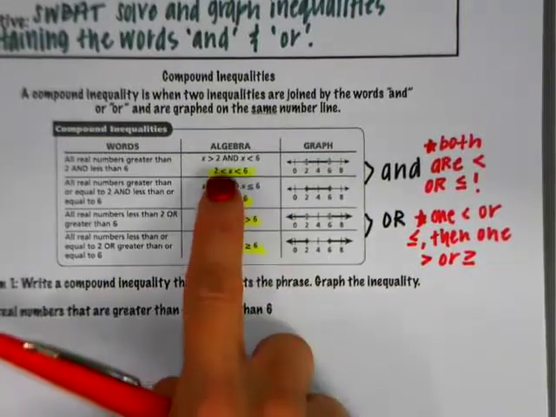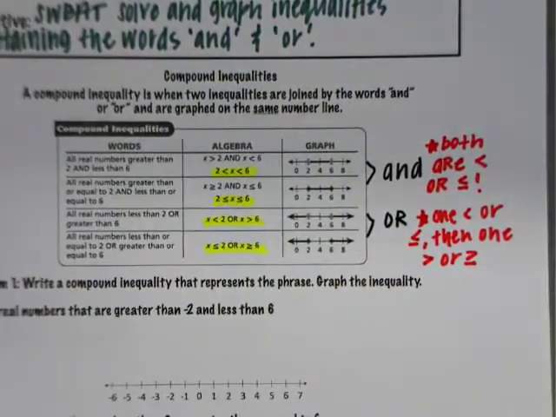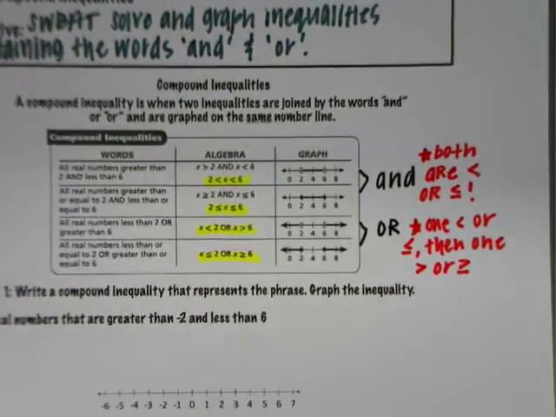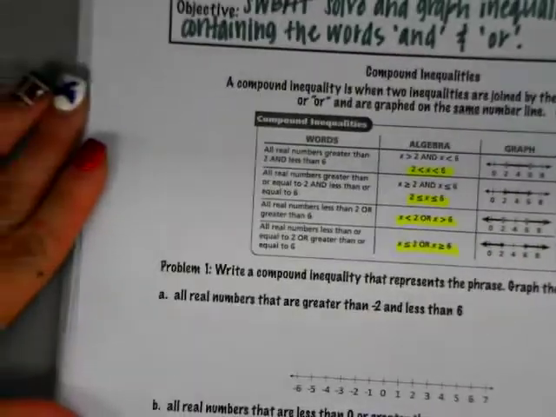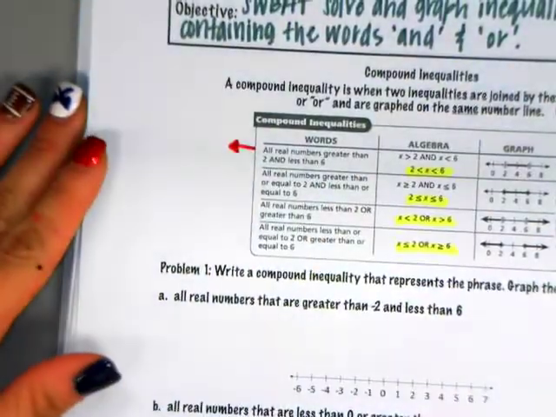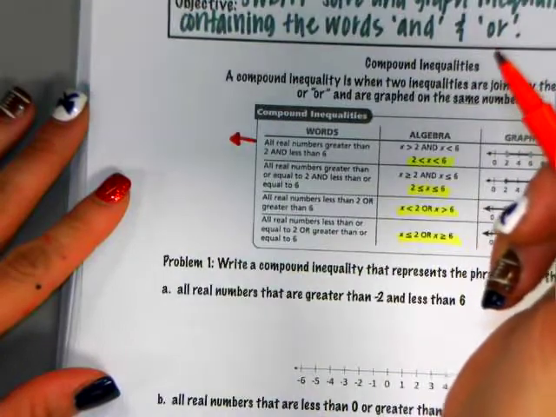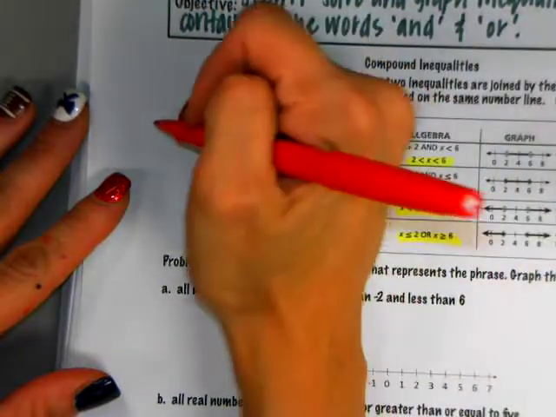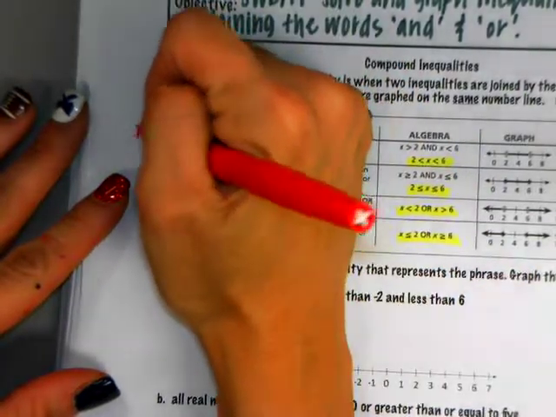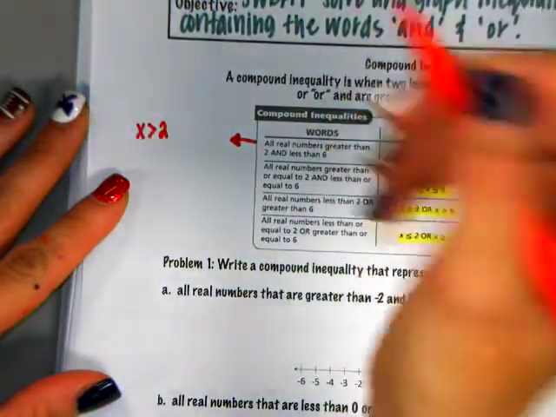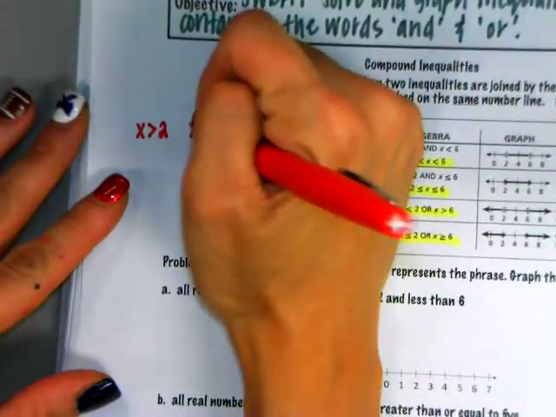So for example on this, I'm going to start with the graph and then show you how the inequality is built. So on this one, we have x is greater than 2, and we have x is less than 6.